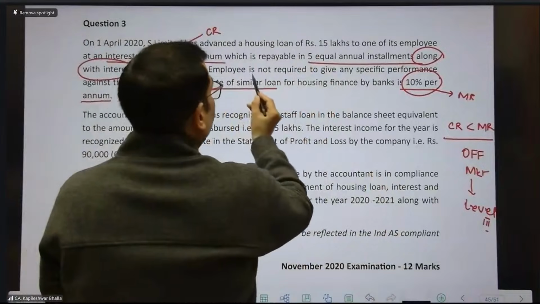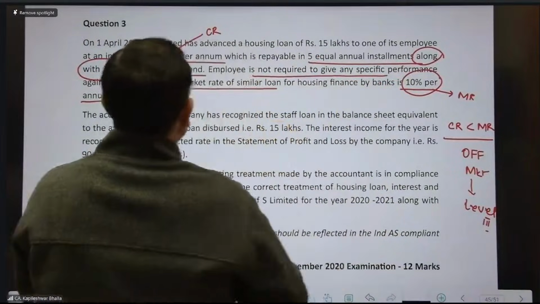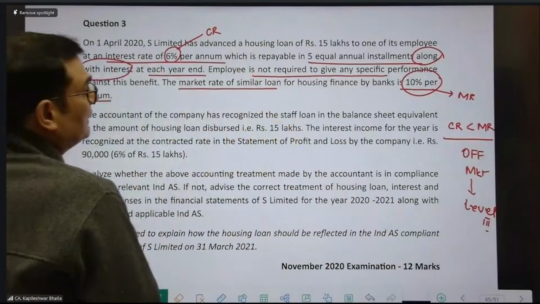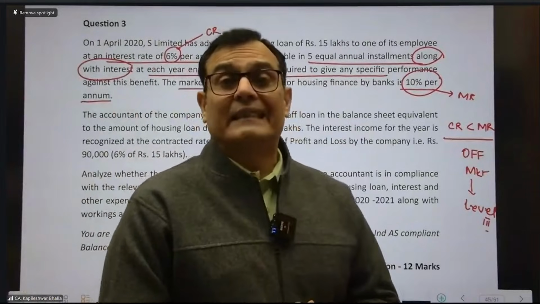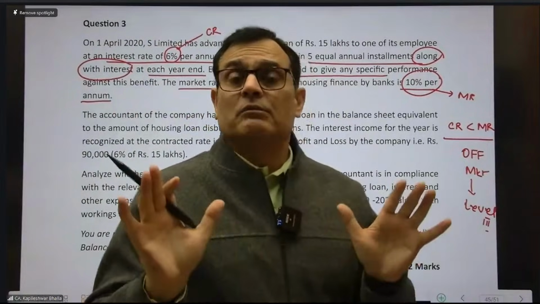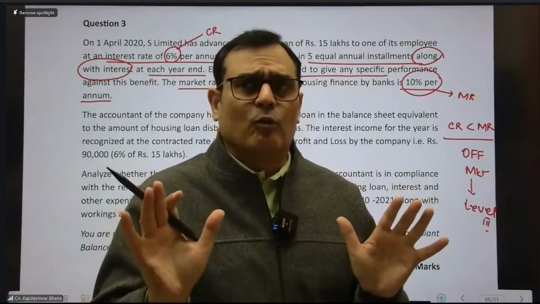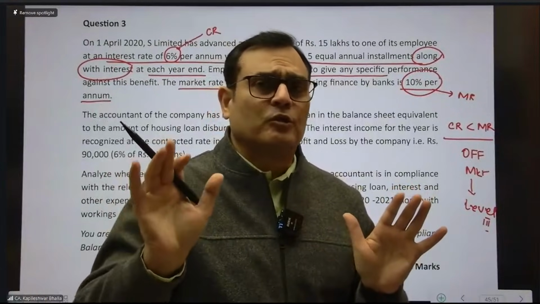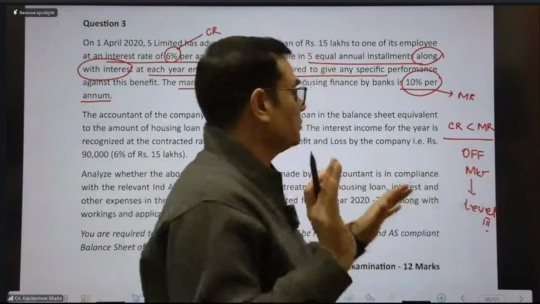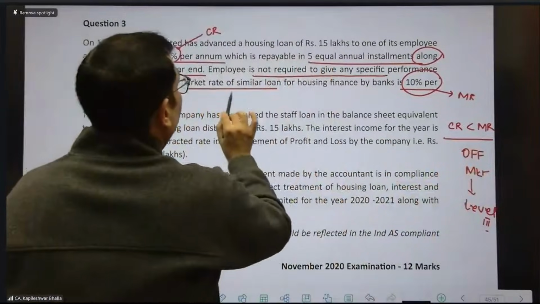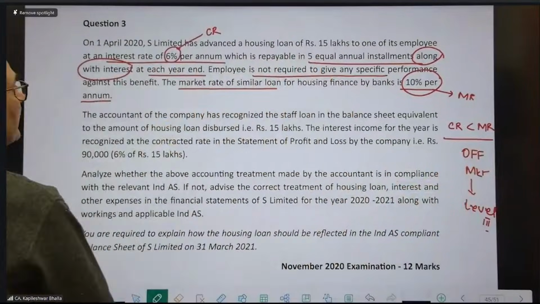Then he says the employee is not required to give any specific performance against this benefit. So this is a perquisite value, but we are not requiring the employee to give us any kind of service in return. So that does not make a difference. Even if you require a specific performance or you do not require a specific performance, the accounting treatment does not undergo a change. And then it says the market rate of interest is 10% per annum.